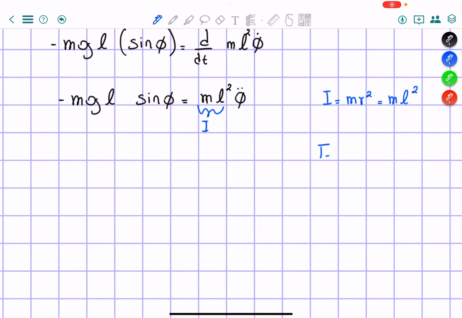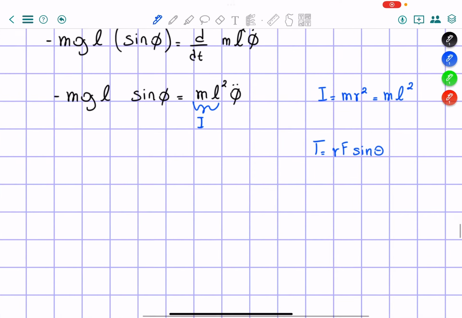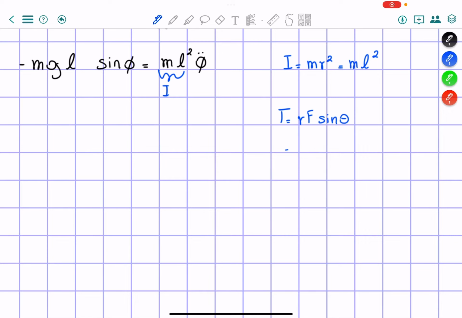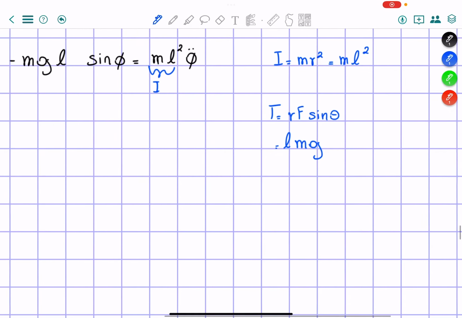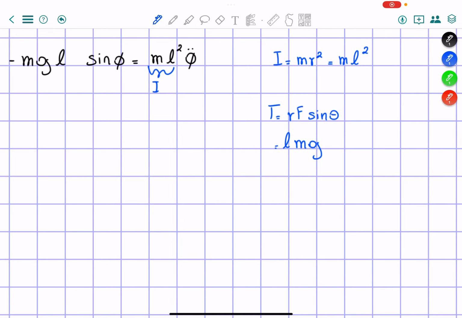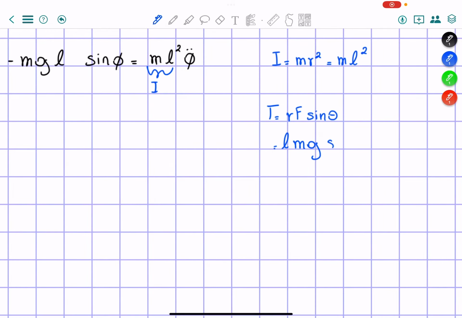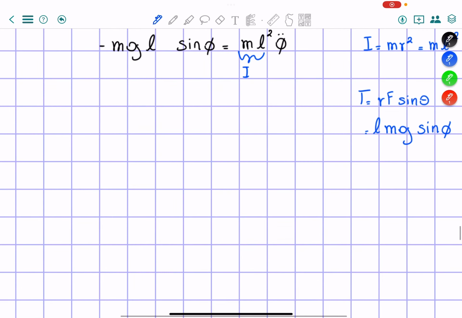Another thing we know is that the torque, in the most general form, is equal to R F sine of theta. In our case, R is equal to L, as we said, F is equal to mg, because the only force is the gravitational force. Sine of theta is equal to sine of phi, because in this case we use phi as the angle. So as you can see, it's the same thing as this.